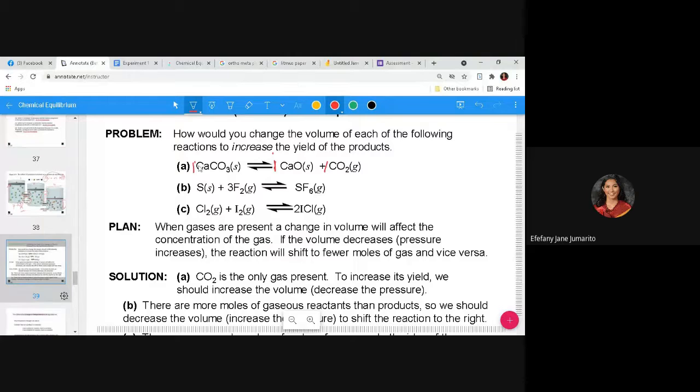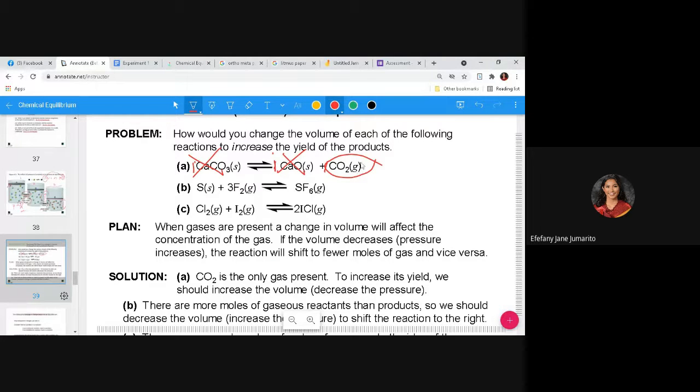Still one. Okay. Now it says, how would you change the volume of each of the following reactions to increase the yield of the product? Okay, so padakuon daw nimo imong CO2. Padakuon daw nimo imong product. Now, the only gas here is only your CO2. So, solid ni imong calcium carbonate and calcium oxide.